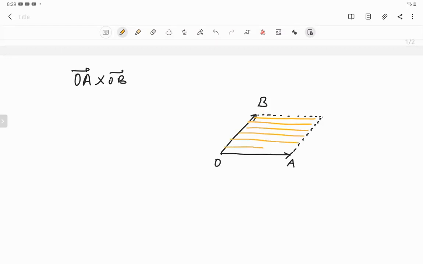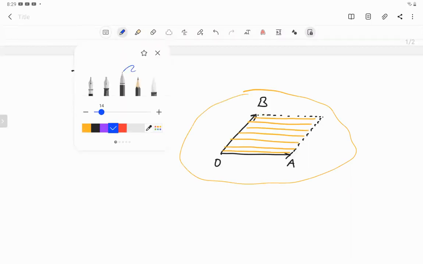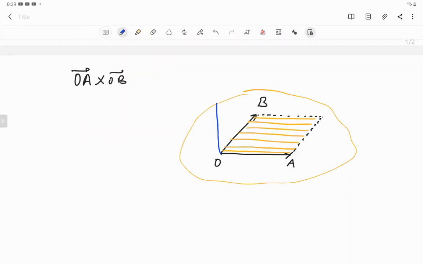Although OA cross OB is a vector which is perpendicular to the plane containing OA and OB, and has no connection with the plane itself, the length, this blue line length, is equal to this orange area, which is represented by these parallel lines.